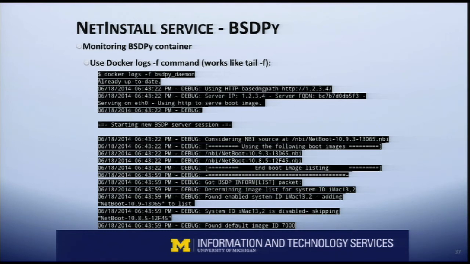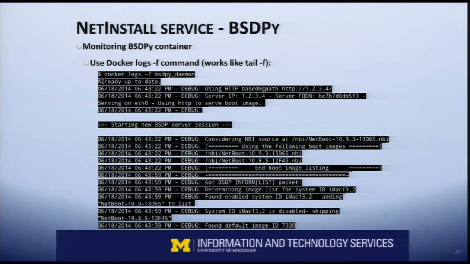This is our IP, our host name here, and then we're going to start a session. And over here, it reads my folder. It's looking for images. So in this case, I have one here, and I actually have two here. And then it says I'm using this image and this image. So there's a 10.9 and a 10.8 image, and it's now good to go.